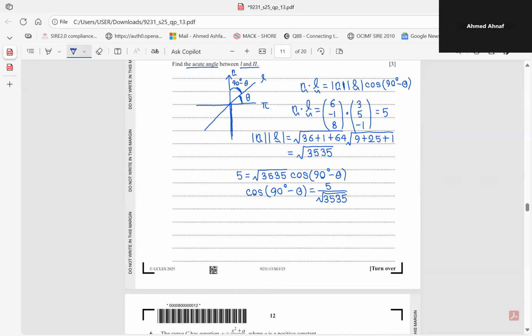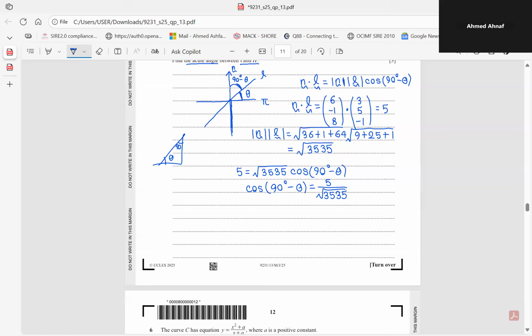Okay, so let's use our complementary angle identity here. So let this be theta and this 90 minus theta. This is A, B, C. So cosine 90 minus theta here is equal to C over A. And what else is equal to C over A?